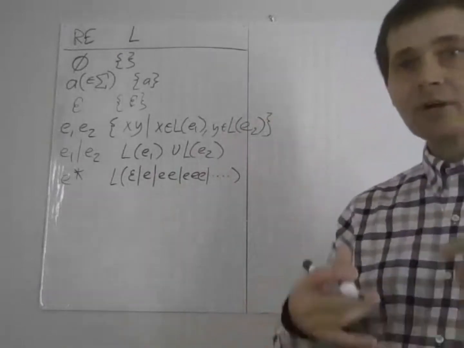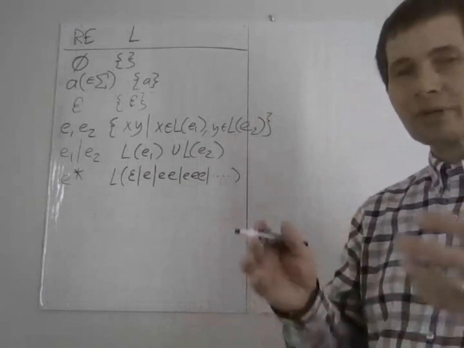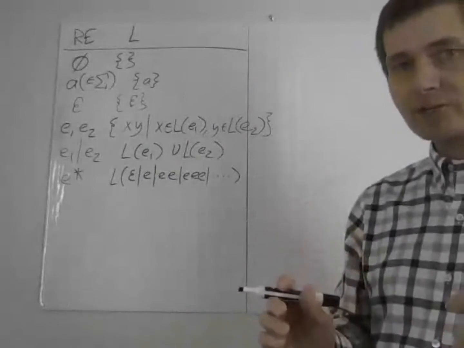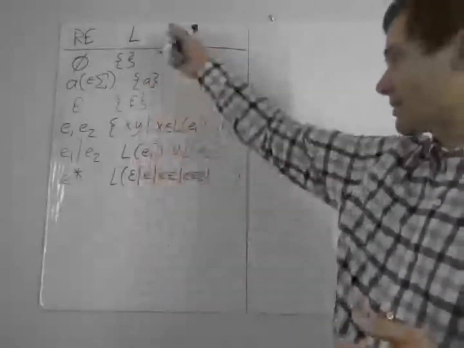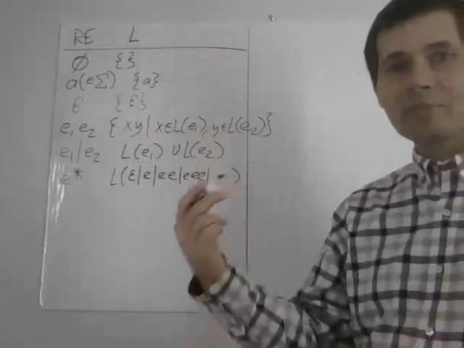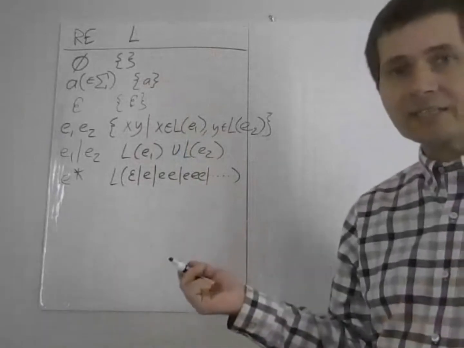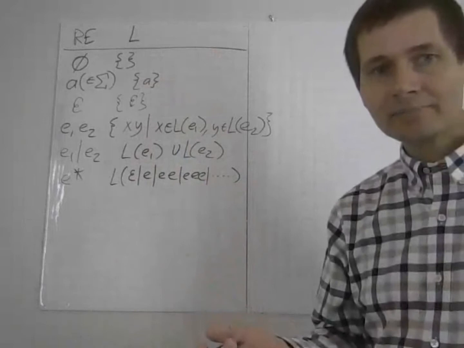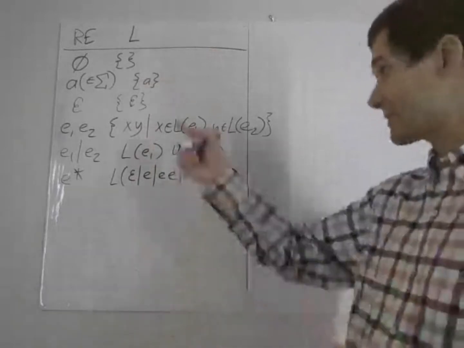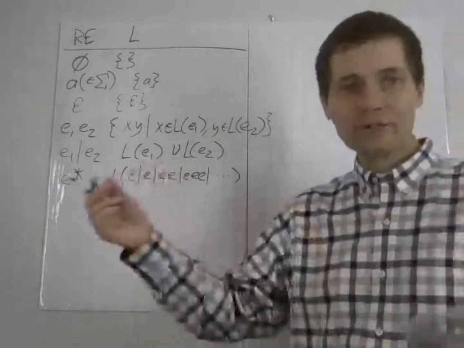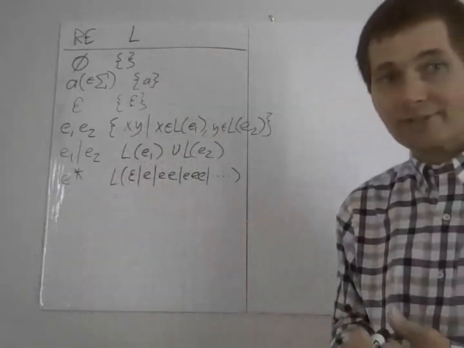Okay, and so the way that we're going to do this is we're going to recurse into the structure of the regular expression. So basically, for each of these kinds of cases, I'm going to create an NFA that recognizes exactly the set of words or the language represented by that regular expression.